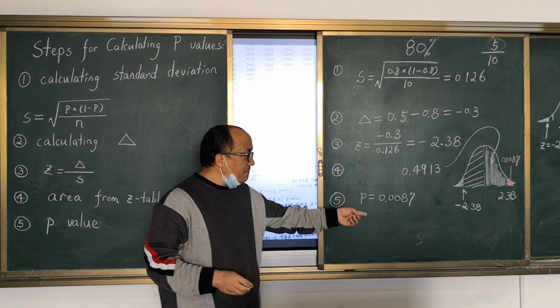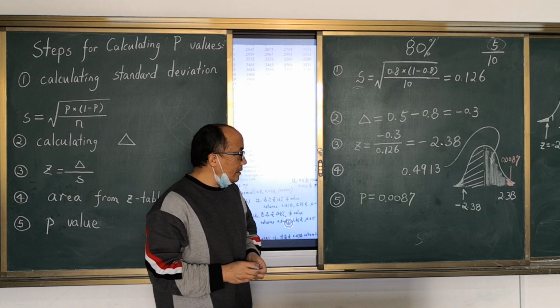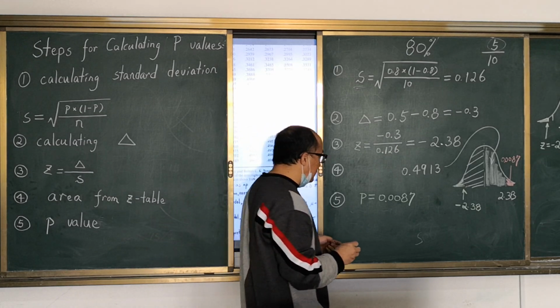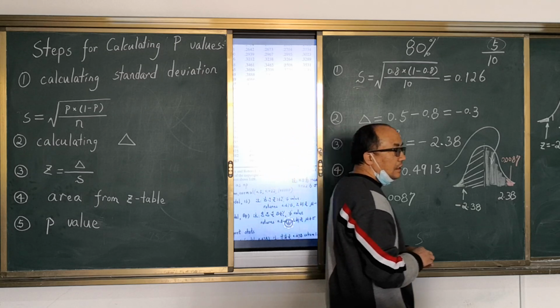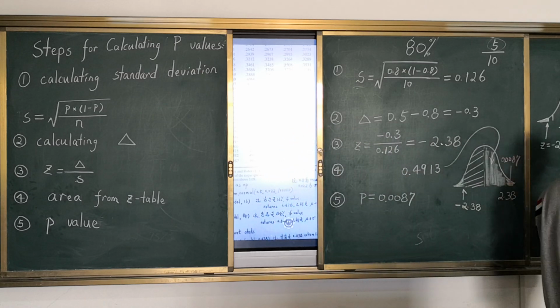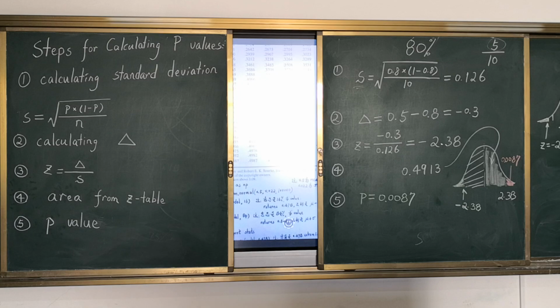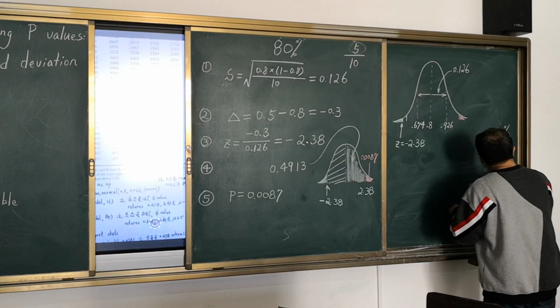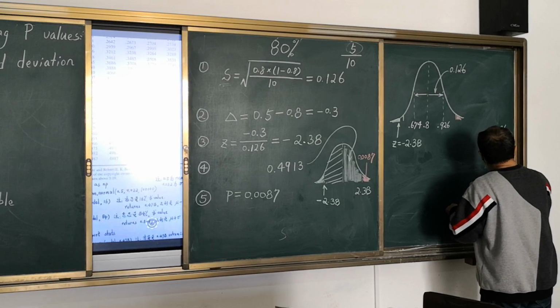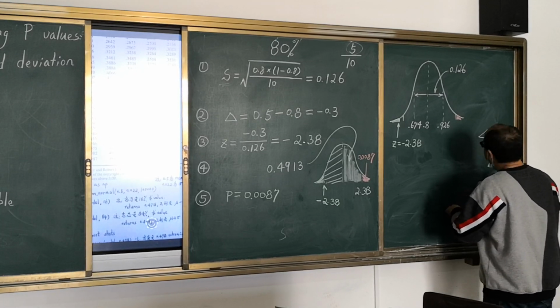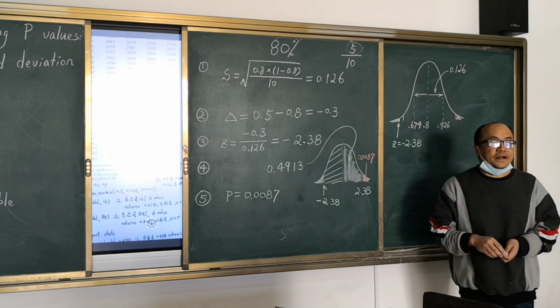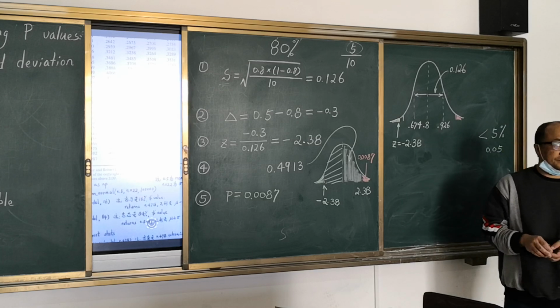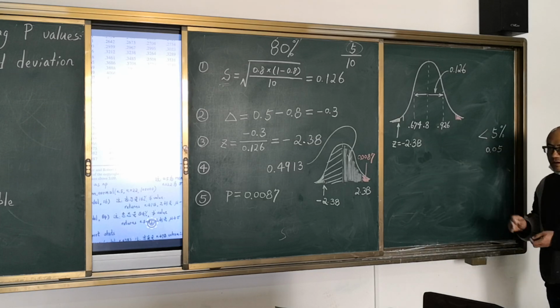This is very small. Anything less than 5%, put in another word, 0.05, we think is unlikely.